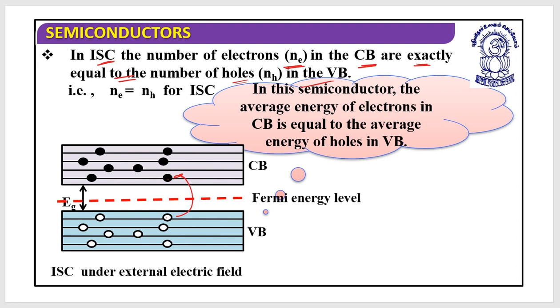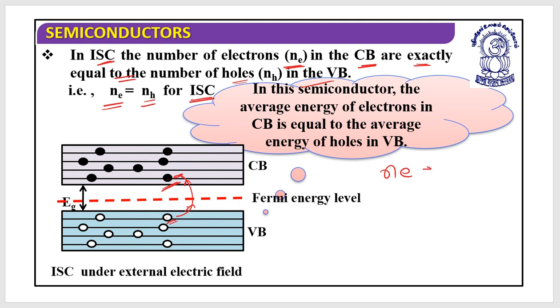When I say energy, we just increase the temperature, that is the thermal energy we have provided, and this electron has jumped from this to this. That means a free electron is available here and a hole has been developed. So for intrinsic semiconductors, Ne is equal to Nh.